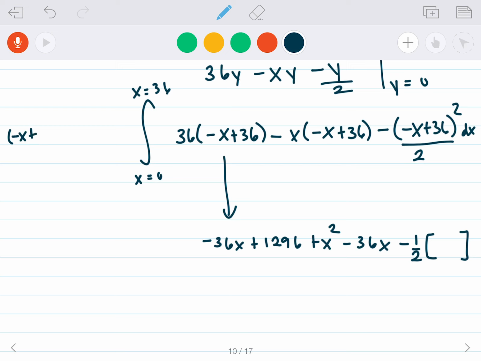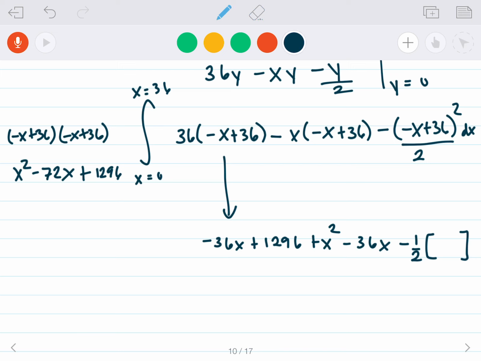Negative x plus 36 times negative x plus 36. First, outer, inner, last. So x squared minus 36x minus 36x. That's minus 72, right? I gotta double check that because one little mistake and you're in the hole. Okay, and then that was 1296, right? Yeah. Okay, cool.